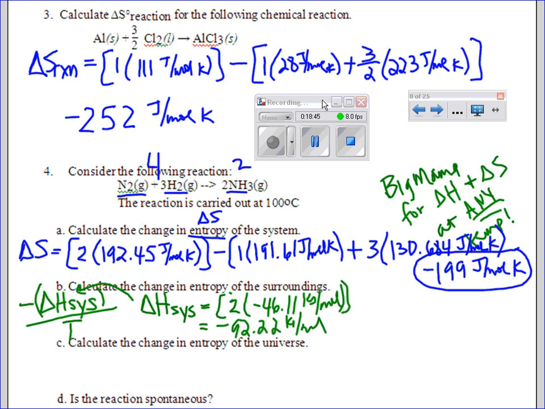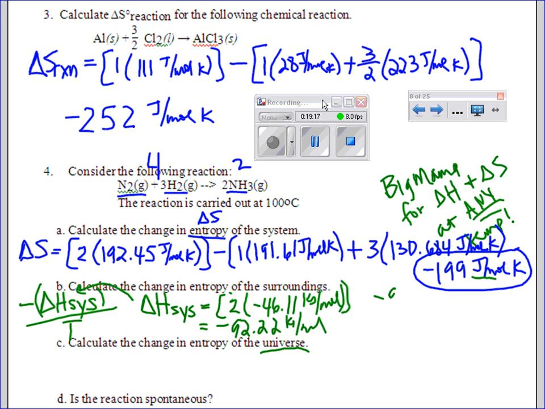Well, I could plug that in there. But if you look at the next question, they're wanting us to find the universe, right? So what would be helpful for me? I'm not done yet. I need to also divide by temperature, but what would be helpful if I'm finding the universe? Change it to joules. I can change this one to kilojoules or that one to joules, doesn't matter. I'm just going to change this one to joules. But first, I got to divide it by the 100 degrees. What unit do you think I need to be in, though? Got to be in Kelvin.